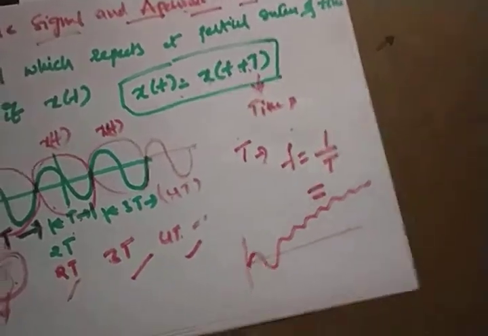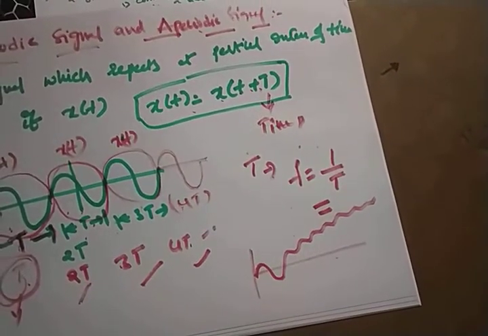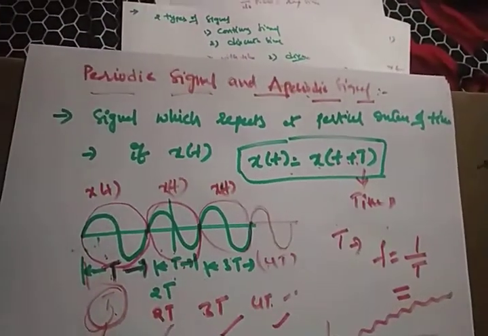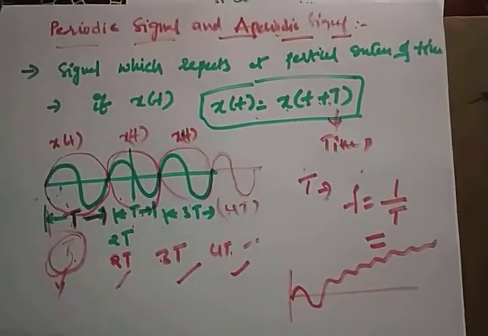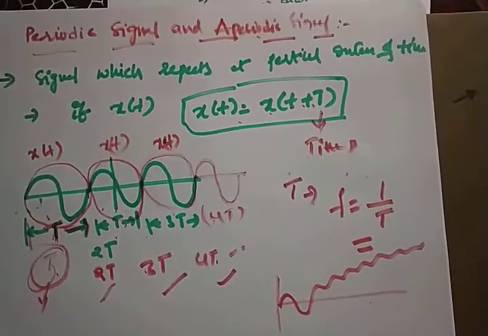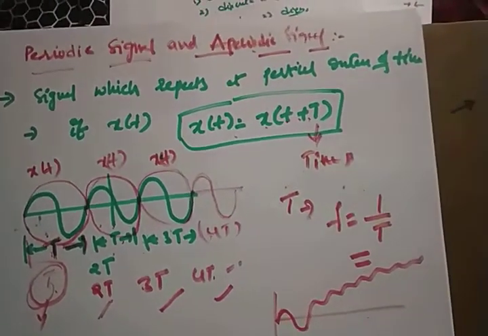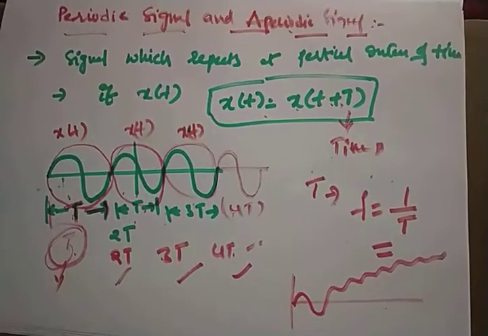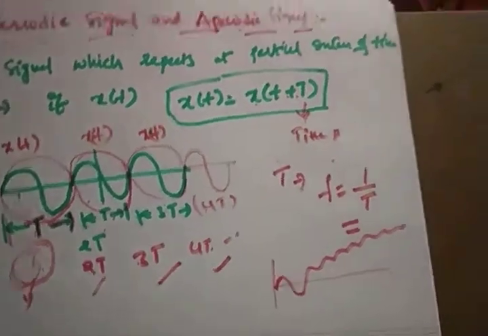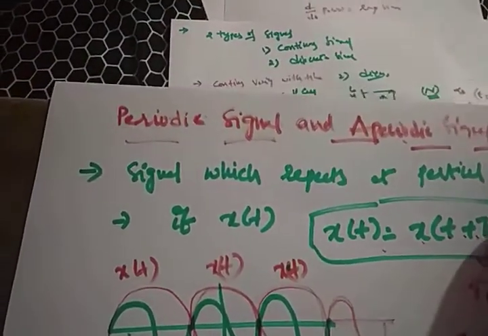So this is an aperiodic signal, meaning you don't have any time period for it. A signal which repeats itself for a particular period of time is a periodic signal, and if it doesn't satisfy this, it is an aperiodic signal. And some conditions are there which we have to discuss here.